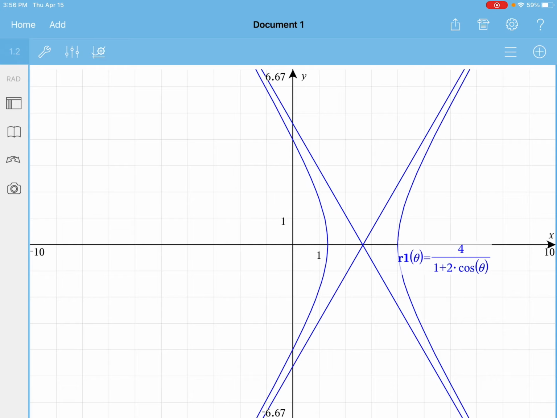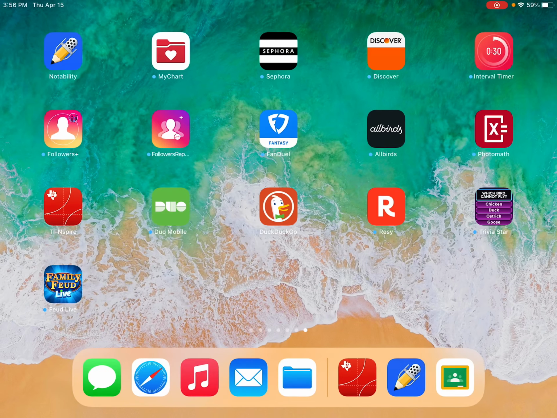Now, this is just a hyperbola. The x here that you see really isn't part of the graph. That is just what it approaches. Those are the slant asymptotes that it approaches, so ignore that x. But the curved part on the side is the actual function.